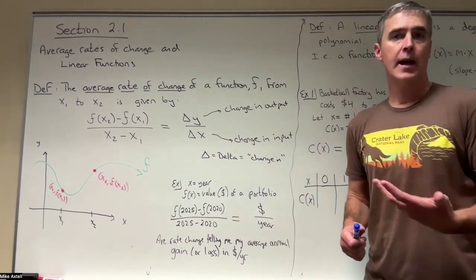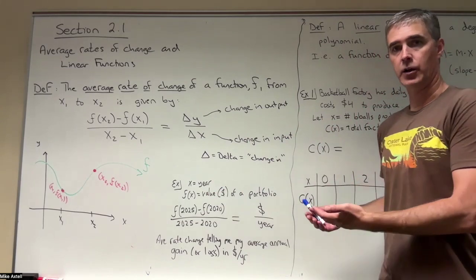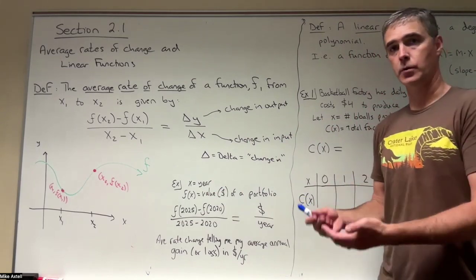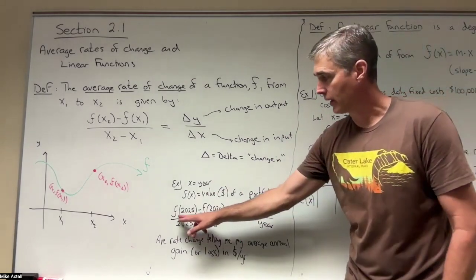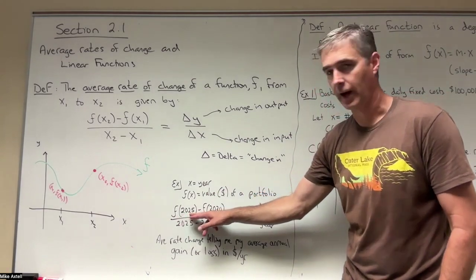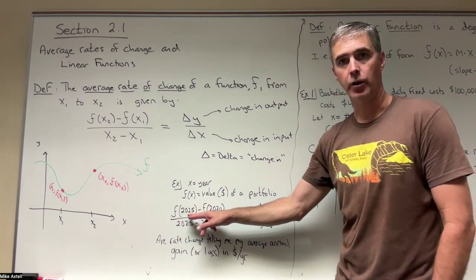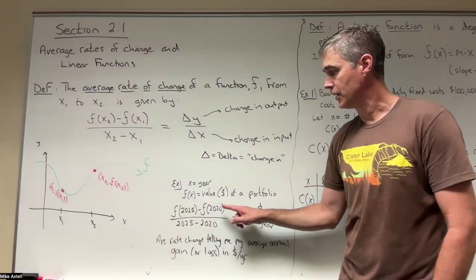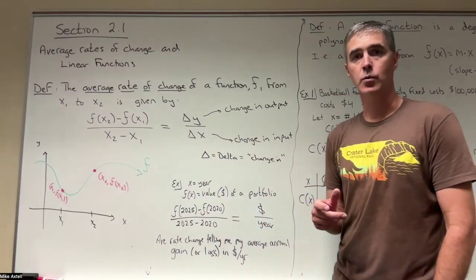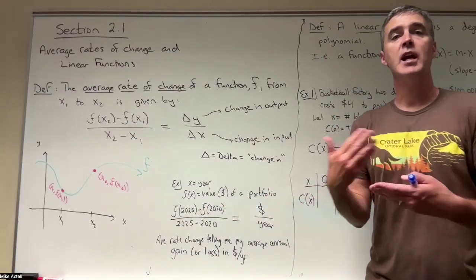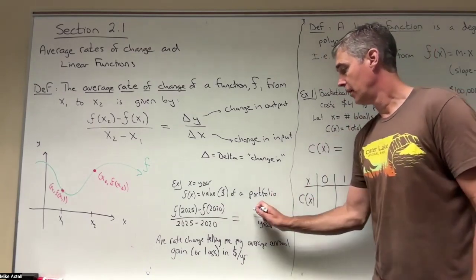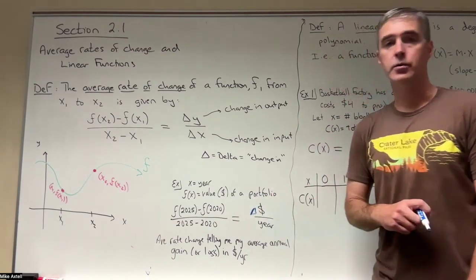So if I calculate the average rate of change of this function from 2020 to 2025, that would mean I would like the output f of 2025, so that's the value of the portfolio in 2025, minus the value of the portfolio in 2020. So that's the change in the money that the portfolio is worth.